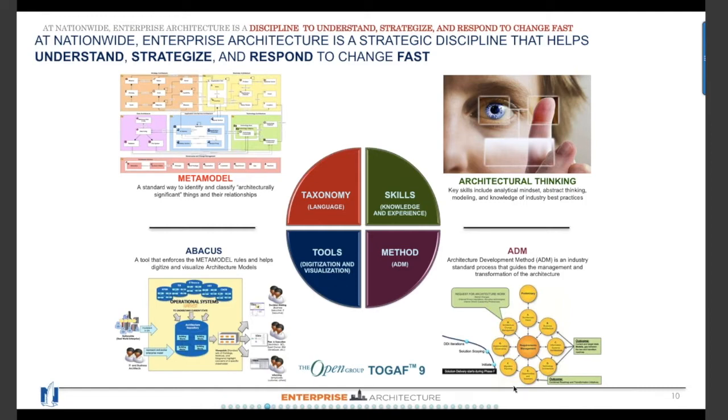So the first key is the Metamodel, and the second thing that we do is a digitized architecture repository. We have been using Abacus for a little over two years now to store all of our data, as well as to use Abacus as an architecture management repository and tool. Third thing is architectural thinking.